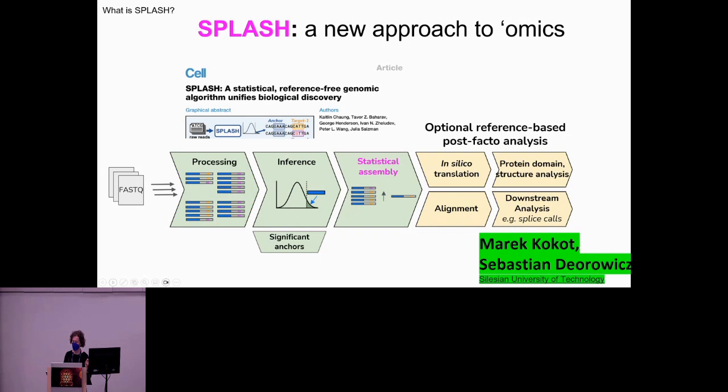And after that point, there are many different options for interpretation, including ones that use deep learning, but I'm not going to talk about those. But here, in silico translation directly of the sequences called by SPLASH, so absolutely no genome assembly or alignment, or you could take the sequences that are called by SPLASH and then feed them into an aligner for interpretation.